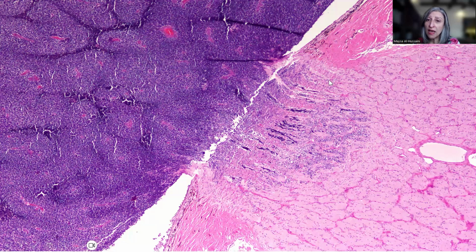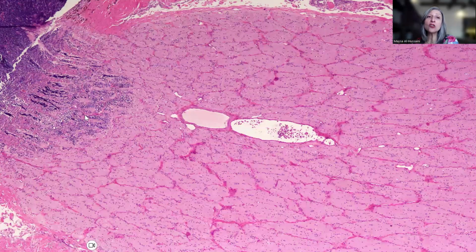If we draw here an imaginary line that would connect the inner layer of the sclera, if we see a tumor beyond this imaginary line, this is what we consider as post-lamina cribrosa invasion of the optic nerve.